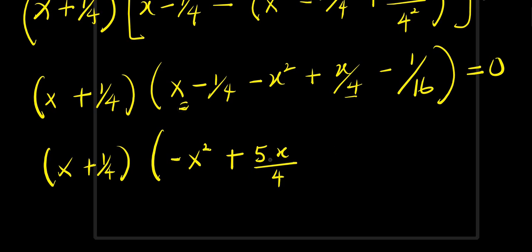So you do that, that will give you 5x over 4. Then you have minus 1 over 4 minus 1 over 16. So remember the common LCM 16. 16 divides 4. That is 4 times negative 1, negative 4. That means negative 4 minus 1. That will give you negative 5 divided by 16. Then everything here equals 0.